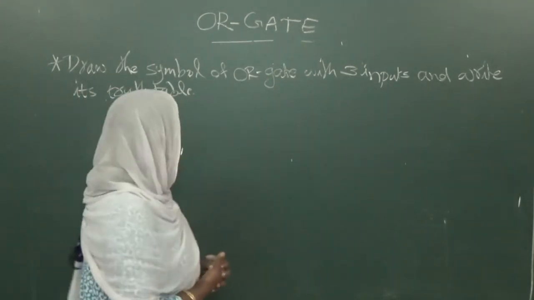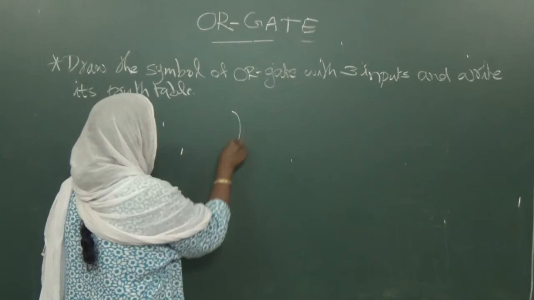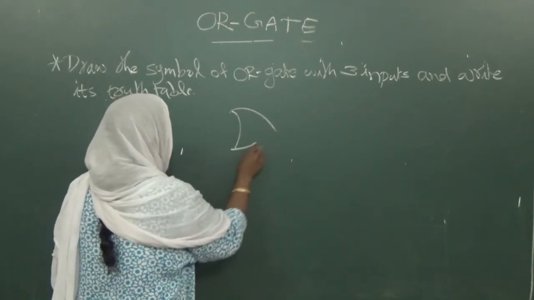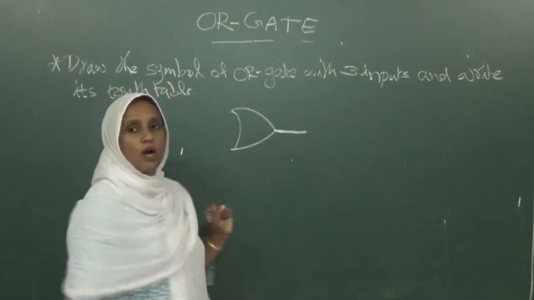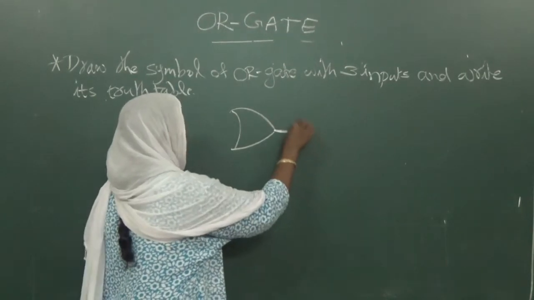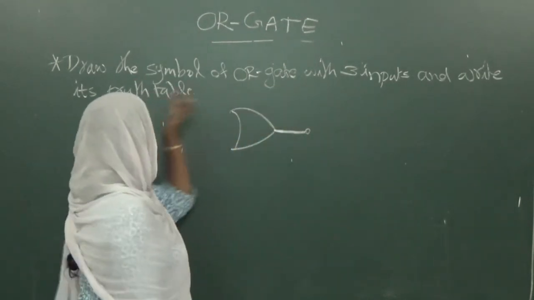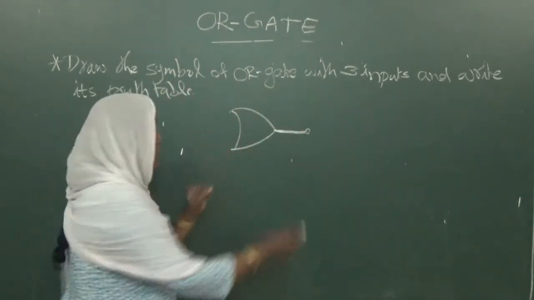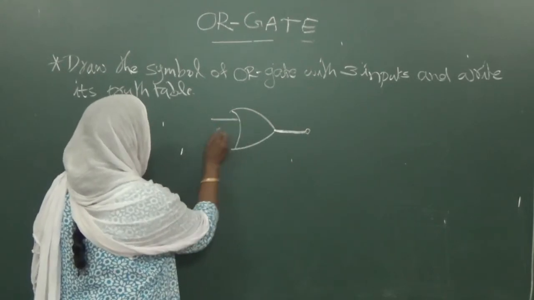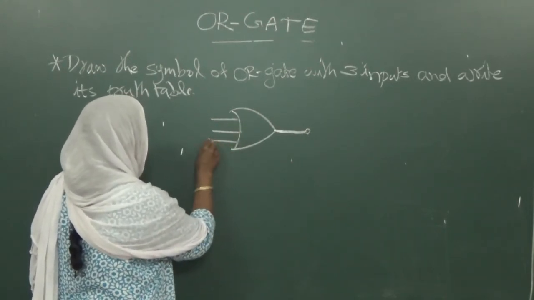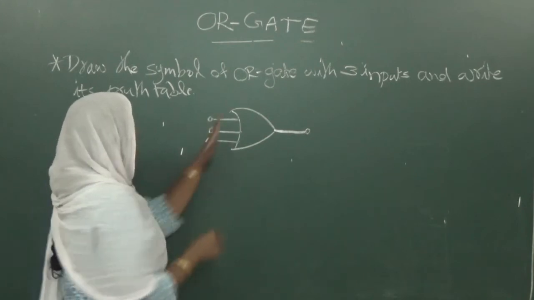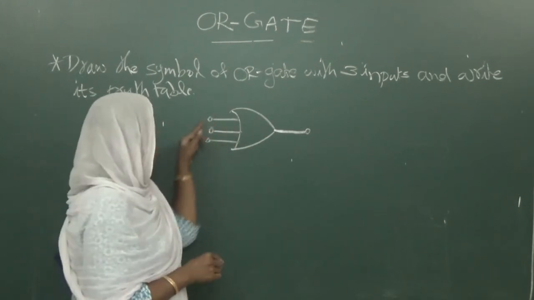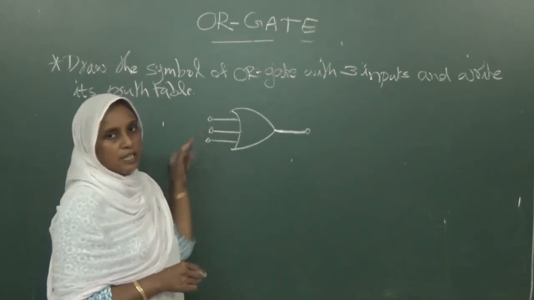So all of you know how to draw the OR gate. This is the symbol of OR gate. It has only one output, so you can draw it like this. Okay, now it is told that there are three inputs. So we have to show the three inputs here. Okay, like this. This is the input port. So here we draw the three inputs.